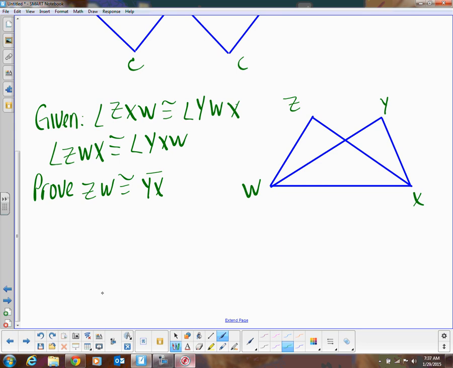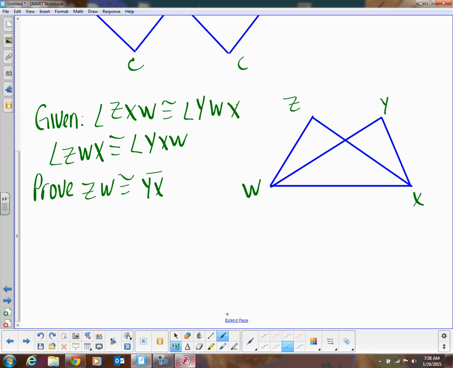I think I just told you the exact same angles. This is ZXW, YWX. What do they share? There's something they share. WX. Everybody see that side?